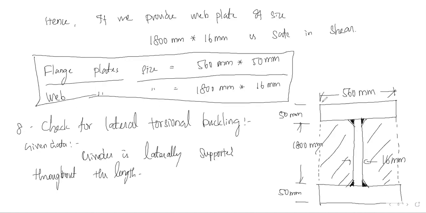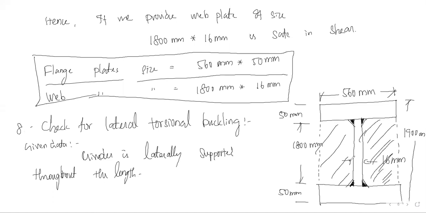So I'm going to take this whole rectangular section, and from that I'm going to remove these portions, this half. The 560 mm is the breadth of flange and the overall depth is 1900 mm. From that I'm going to remove this shaded portion.